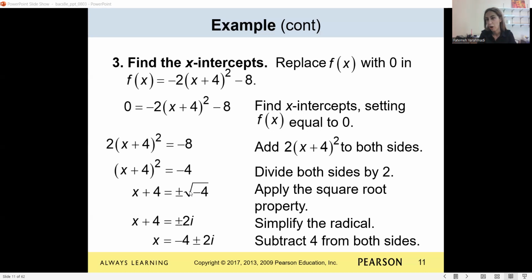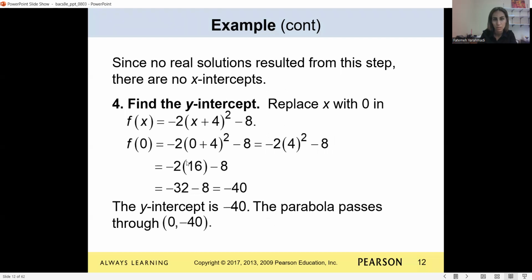If you know about complex numbers, this is actually a complex value. The square root of -4 is 2i. We're going to talk about this more. So it seems like the points of intersection with the x-axis are imaginary numbers. What's the meaning of that? It means that the graph doesn't hit the x-axis at all.